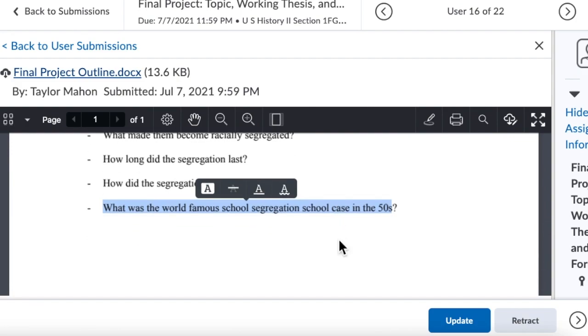Instead, you need to look at that period and break it down into times of progress and times of lack of progress in terms of desegregating the schools, and where were we at the end of the period, and why was so little done, if you think so, and why was so much done, if you think that. So I hope this helps you with the assignment.